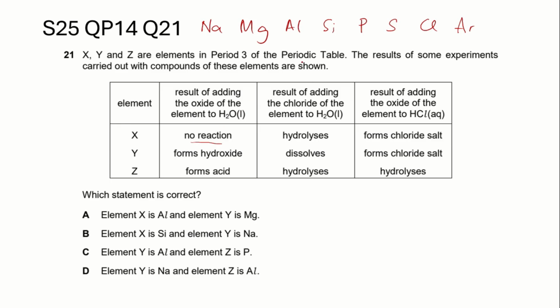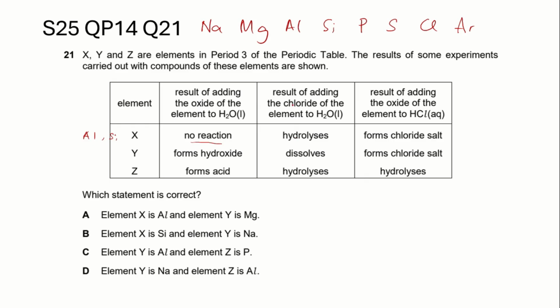Now there are only two oxides that will not react with water because they don't even dissolve in water, which is aluminium oxide and also silicon dioxide. So X could be aluminium, could be silicon. Let's look at more results so that we can make a conclusion on which one is X.